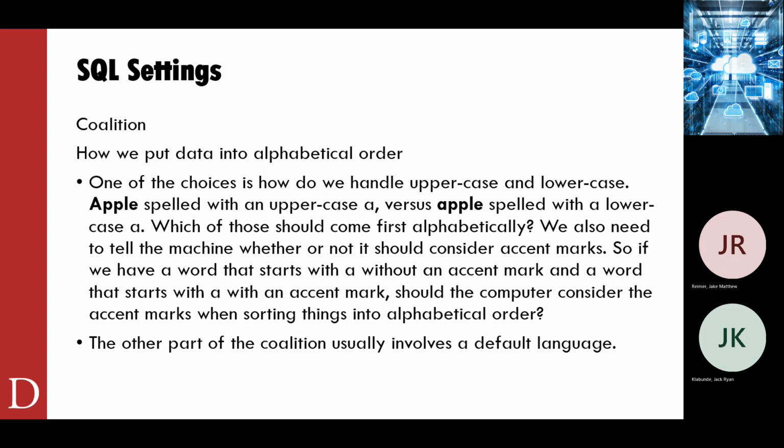What collation does is where you go through and say, does case matter? Because depending on what you're using the database for, an apple with a capital A and an apple with a lowercase a may be a different thing, or it may not matter. So you have to decide if that's important. Also, are you going to look at accent marks?